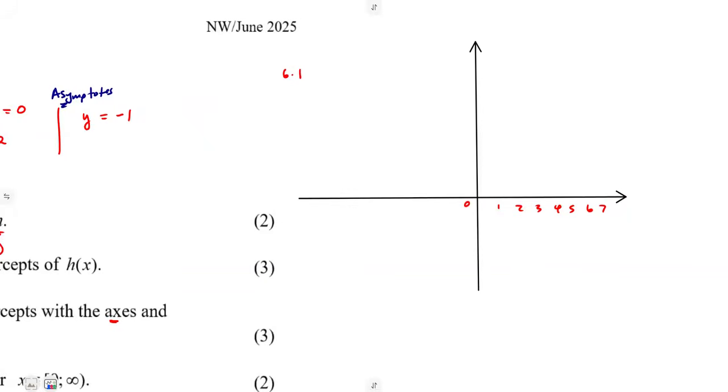We're just going to need to adjust this a little bit, so that'll be 8, 9, and so on. Then -1, -2, -3, -4, and 1, 2, 3, 4, 5, something like this. So that is your x-axis and this is your y-axis.